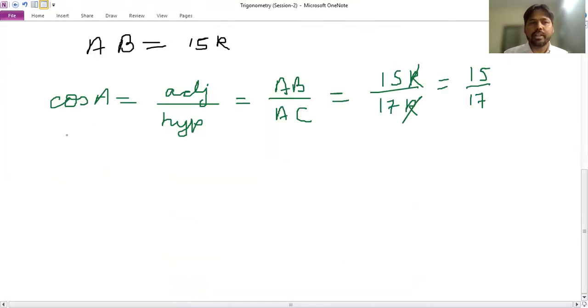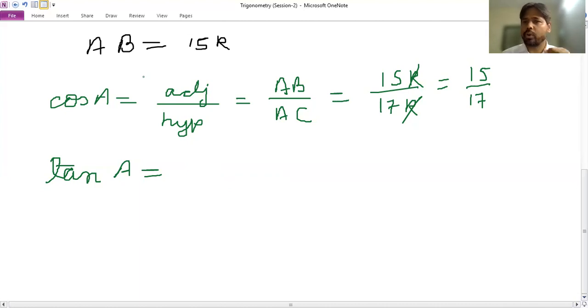Similarly, sine has already been given, cos we have found out. Now we can find out the value of tan of angle A. We can find it from the two trigonometric ratios that we have already calculated.